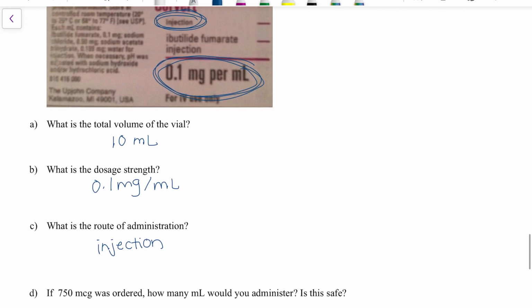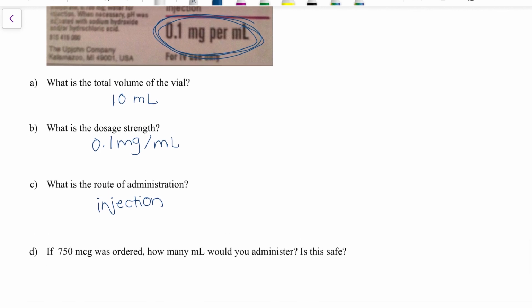Okay, so again, what is available to us is 0.1 milligrams per milliliter, and that equals 750 micrograms. So again, we want to put it into what is available to us.